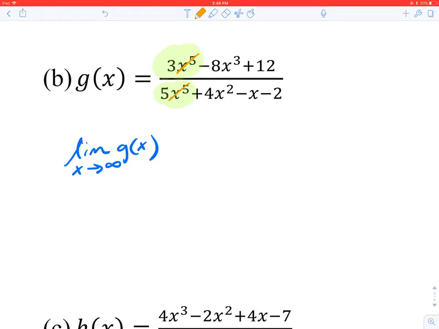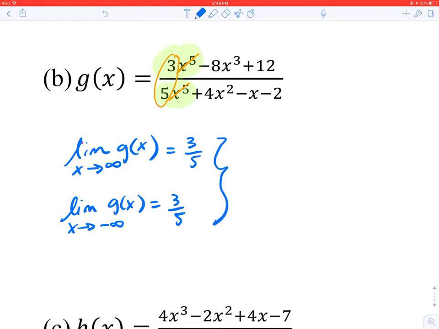So then the y values will always end up approaching this ratio, 3/5. So this limit is 3/5, and as x approaches negative infinity, the limit will also be 3/5. So g of x has a horizontal asymptote at y equals 3/5.